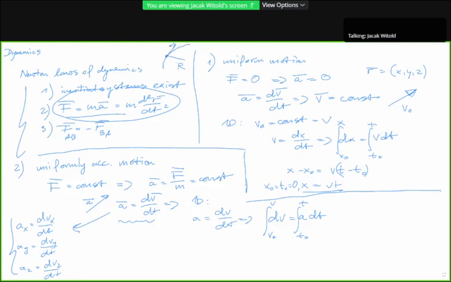Then it means that the acceleration that causes this velocity vector to turn so that it is tangent in all positions of the circular trajectory, it must be turning constantly, right? Then we refer to this as a centripetal acceleration, AC, centripetal acceleration, which is always normal to the velocity and is therefore parallel with the radius of the circle.